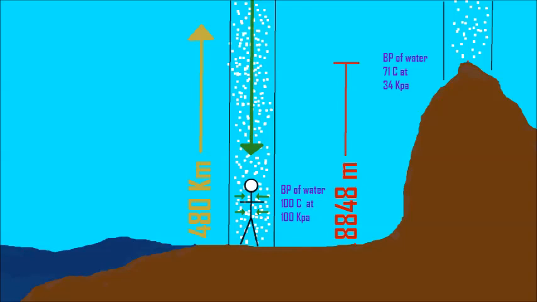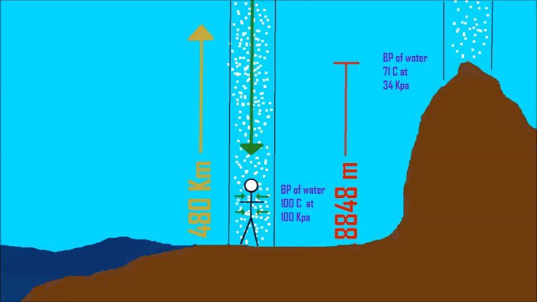The yellow writing shows us that there is about 480 kilometres of air above us. The green arrow shows that Earth's gravity pulls that air down to the surface, with the heaviest parts of air, like nitrogen and oxygen, down low, and the lightest parts of air, like hydrogen and helium, much higher up.